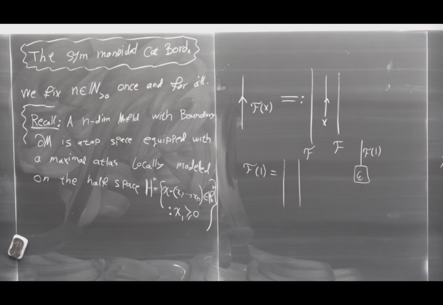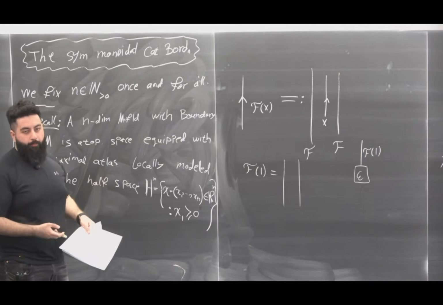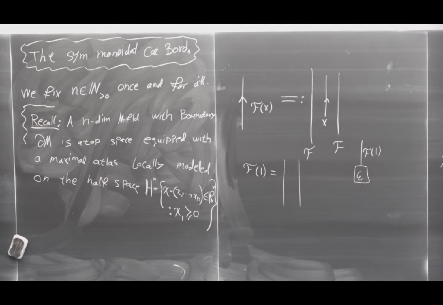If you want to work with manifolds with corners, you just do the same thing, except the first k elements will be non-negative, which means it has codimension n minus k.